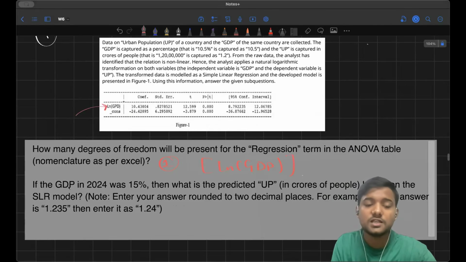Then the question says, if the GDP in 2024 was 15%, then what is the predicted UP, or you can say urban population, based on the SLR model? Okay, so remember this thing very specifically. This SLR model is for log of UP and log of GDP.